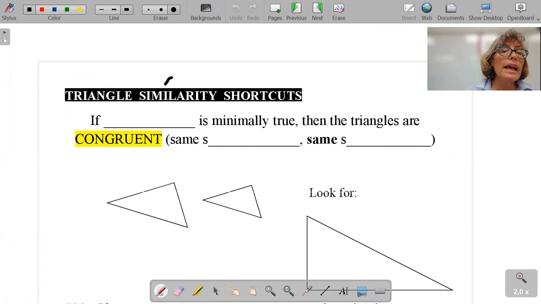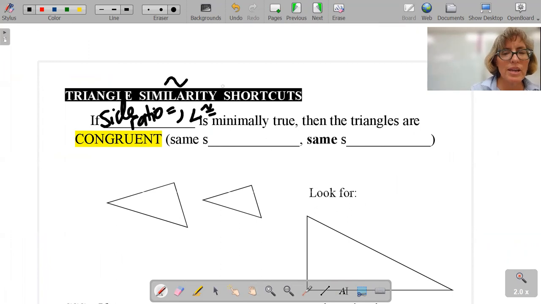Now for similarity is if you have a combination of not side congruency, but side ratio equality and angle congruency.